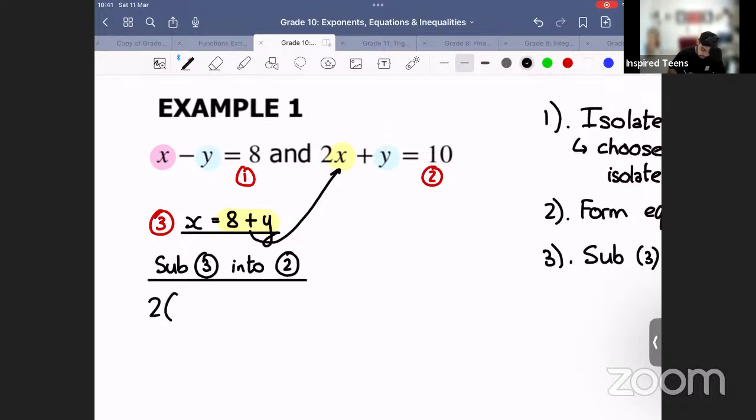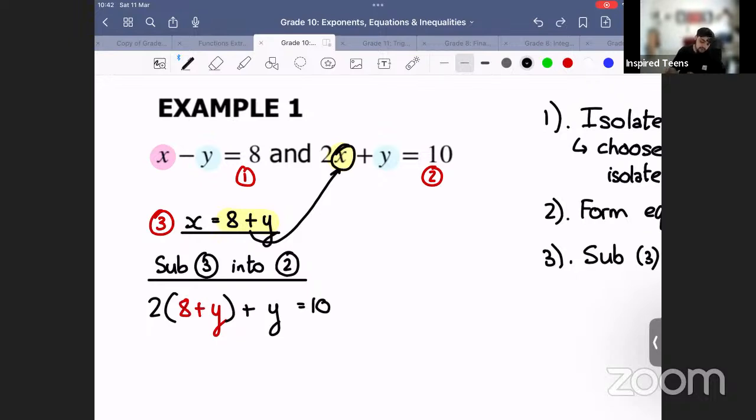So 2 open brackets, always use brackets when you're substituting. 8 plus y, close brackets, plus another y is equal to 10. Okay, so I've substituted number 3 into number 2. Wherever I saw x, instead of writing x, I write it as 8 plus y.